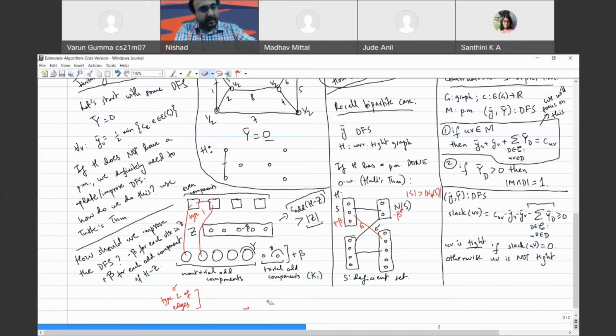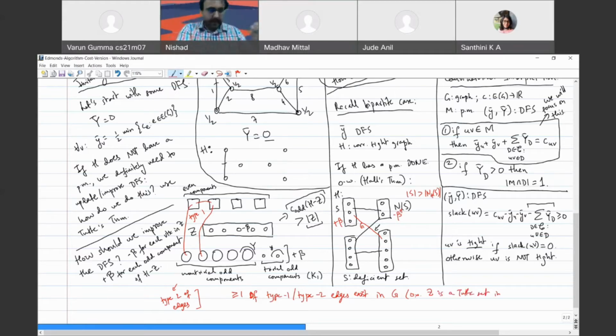So the true statement in that case is that at least one of type 1 and type 2 edges exist in G. Otherwise, for sure, Z is a touch set in G. Yeah.